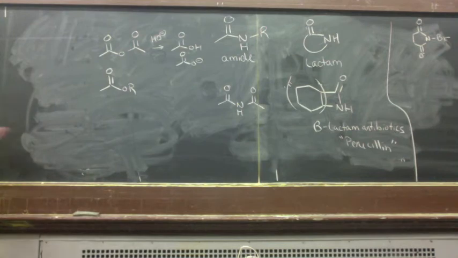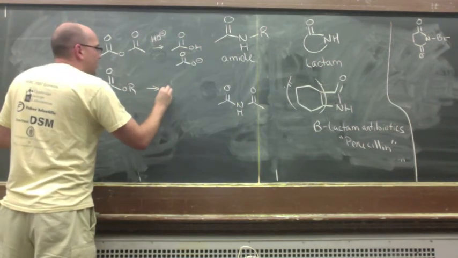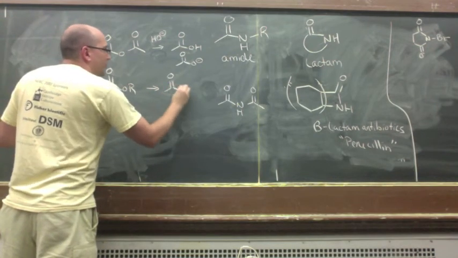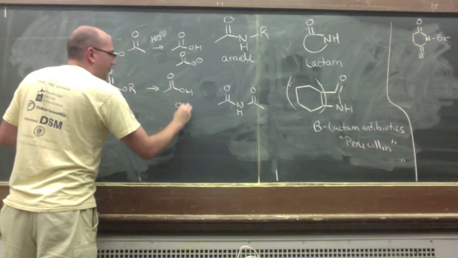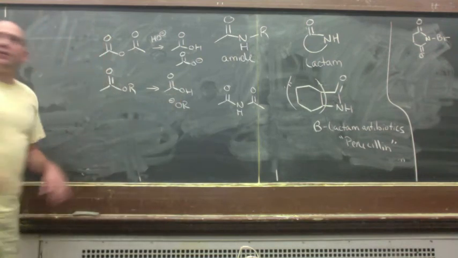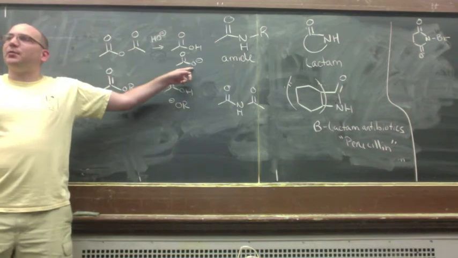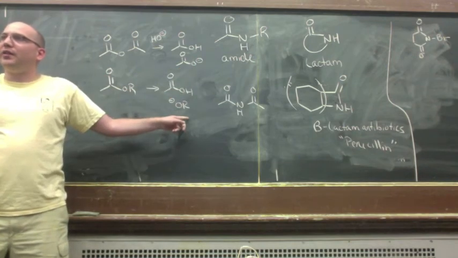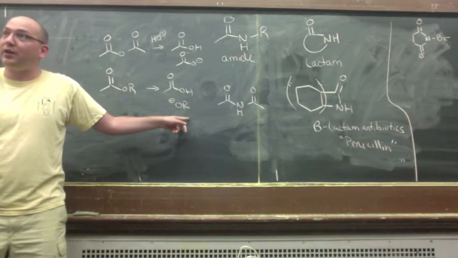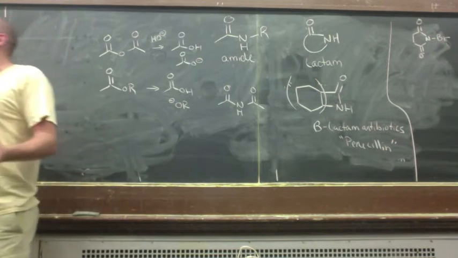Whereas if you do the same thing here, you go through the mechanism, you can get an ethoxide as your leaving group. So from a thermodynamic standpoint, if you're treating it with some type of nucleophile, an acetate is going to be a much better leaving group than an ethoxide. So that's one way you can think about it.